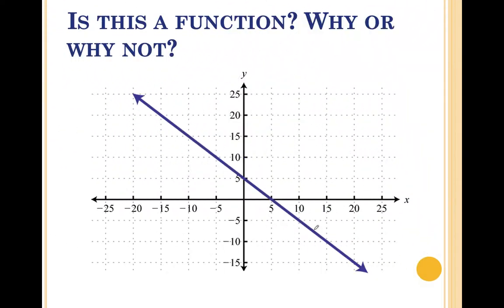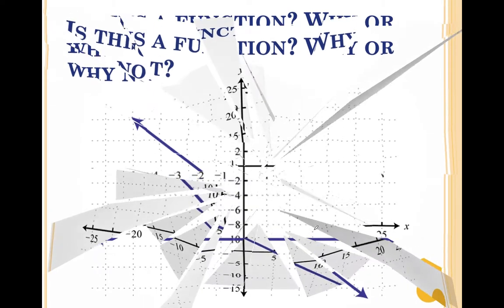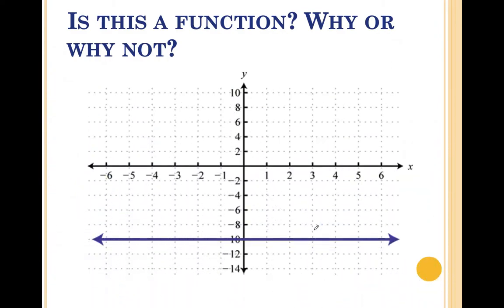Let's look at some other graphs and see if we can determine whether or not they are a function. This graph is a function because it passes the vertical line test. This graph is also a function because it passes the vertical line test.